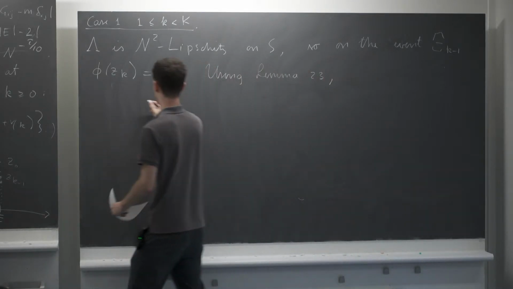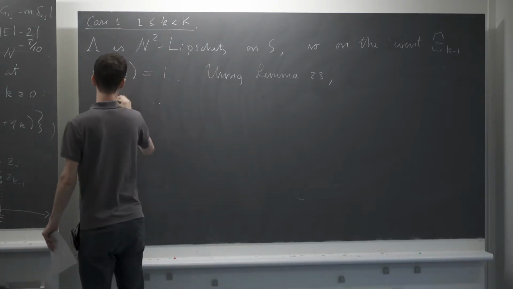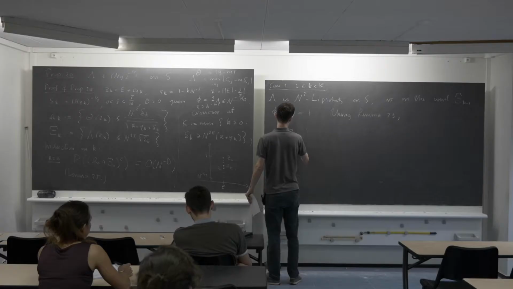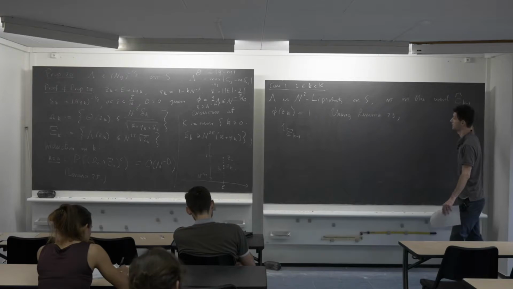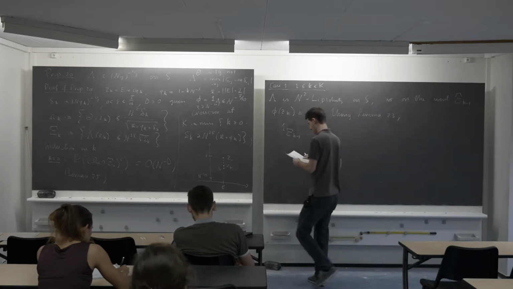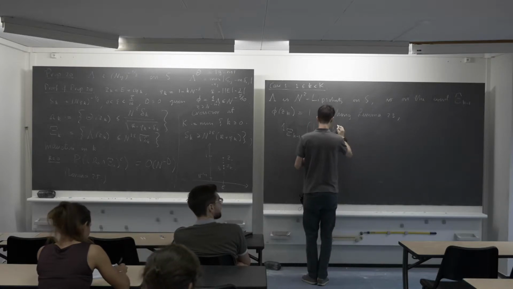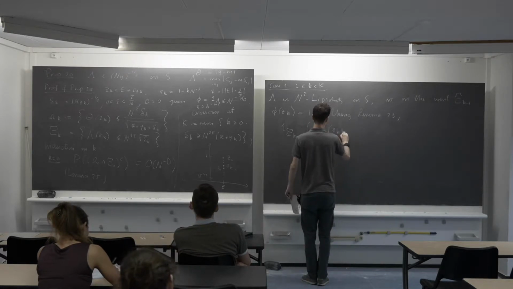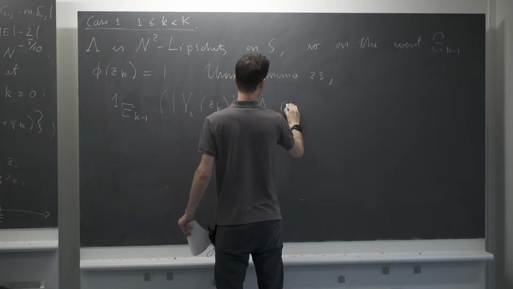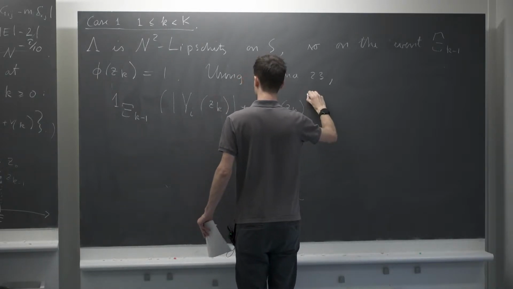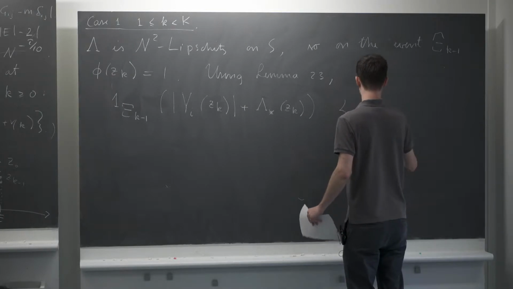We obtain, so it had a phi times something, but I will replace the phi with the indicator function of psi k minus 1, which I can do because on this event psi k minus 1, phi is equal to 1. And then I have yi of k of zk plus I want lambda star and this is bounded by delta k.